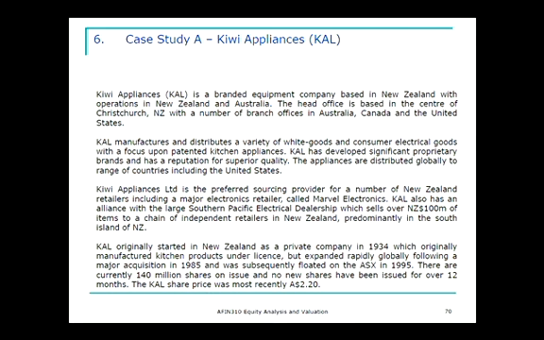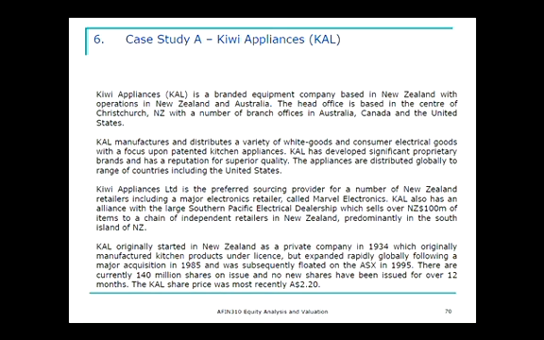So next we have a case study on Kiwi Appliances that Mark will go through. So Kiwi Appliances is a hypothetical company that we've made up. It's based in New Zealand, but also operates in Australia.